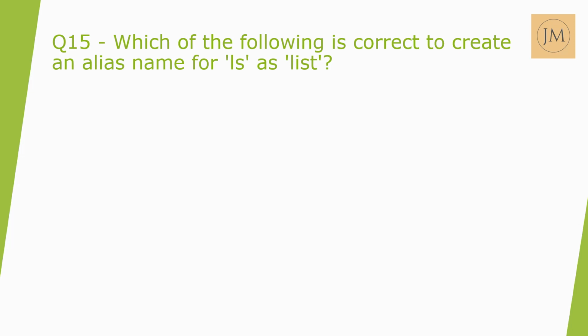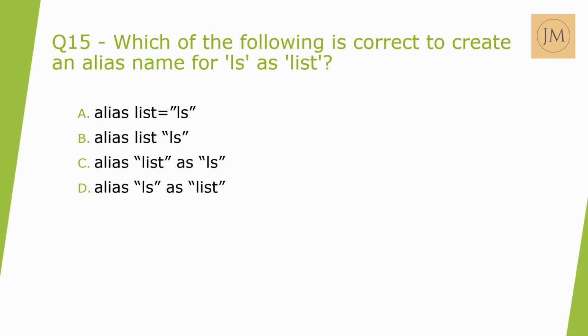Next question. Which of the following is correct to create an alias name for ls as list? So it's a kind of scenario. We have the option A, alias list equals to double quotes ls. Then option B, alias list double quotes ls, C, alias double quotes list as double quotes ls, and D option, alias double quotes ls as double quotes list.